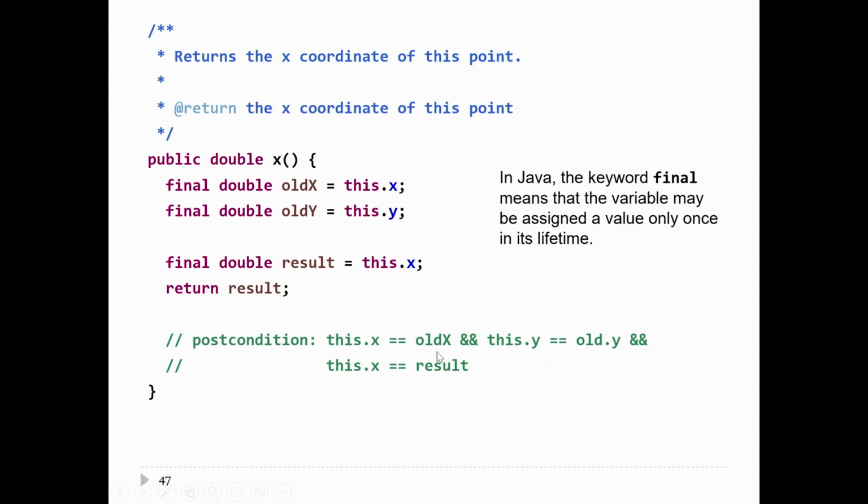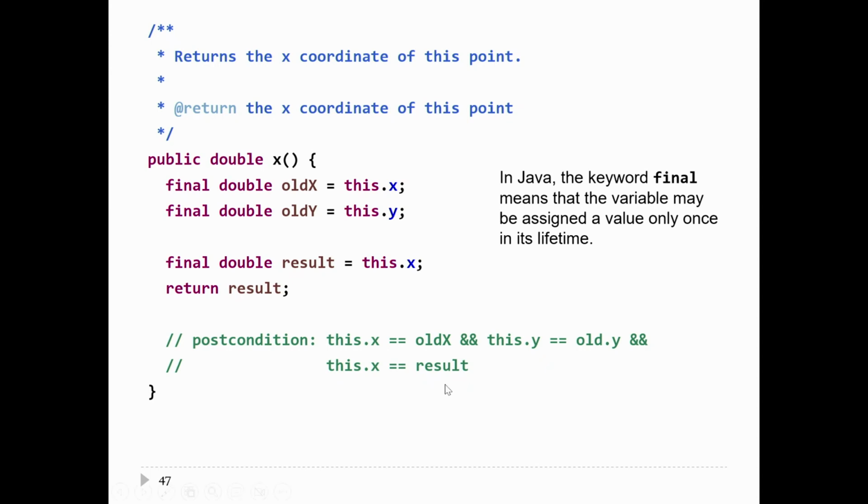So why is all this stuff here? Why is this x equals old x here? That's there to ensure that the method never changed the state of the object. This method should not change the state of the point. That's what this y equals old y is here for as well. So those first two conditions state that the state of the object never changed.